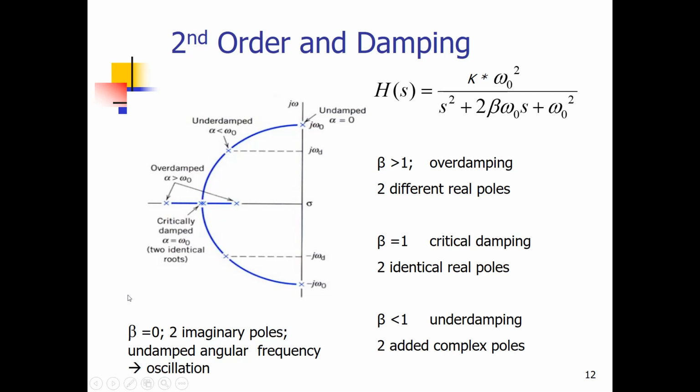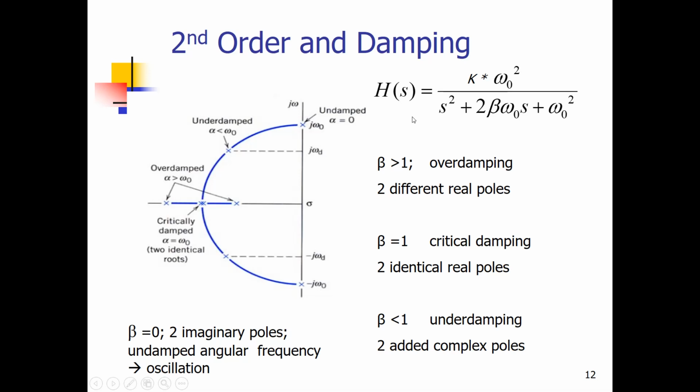There's one other exception, which is the situation where beta is 0. And when beta is 0, this part of my denominator, this part of my equation, will be 0. So I don't have any damping at all, which is, of course, not valid in a physical system.